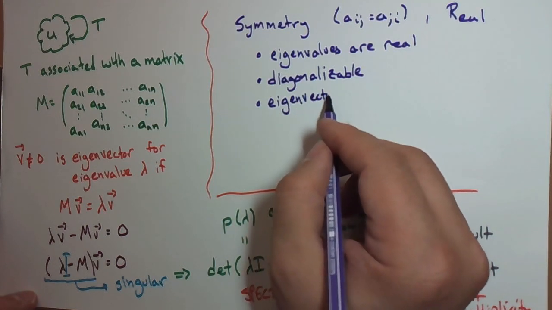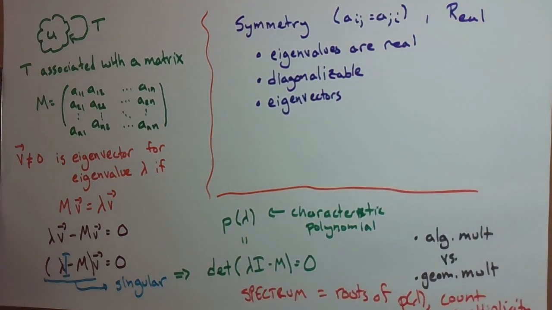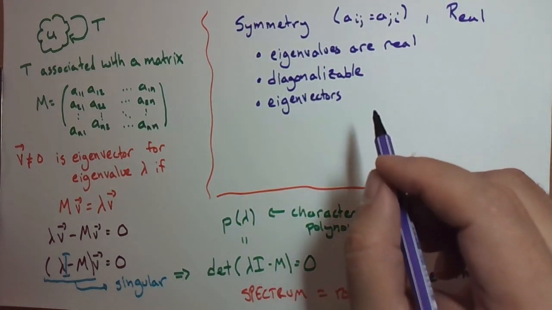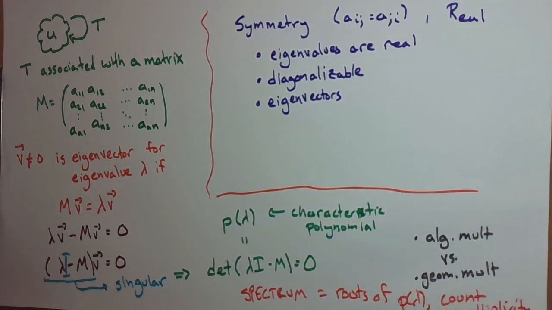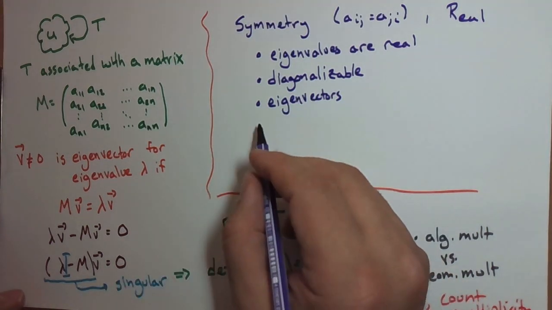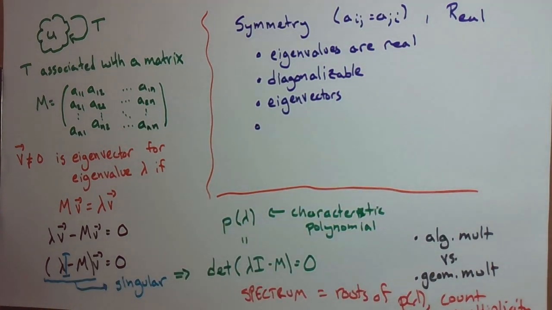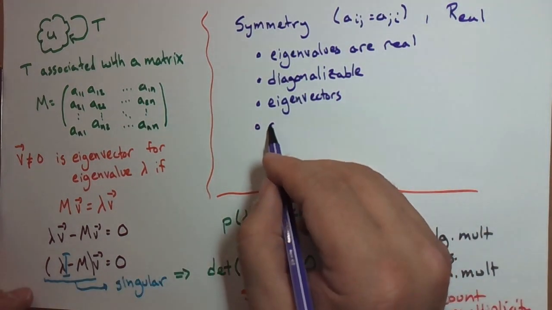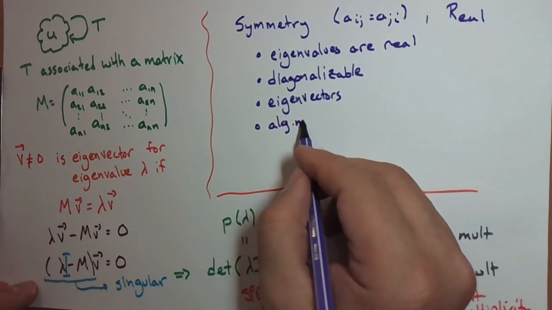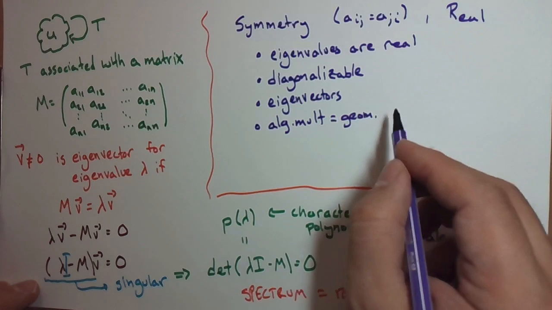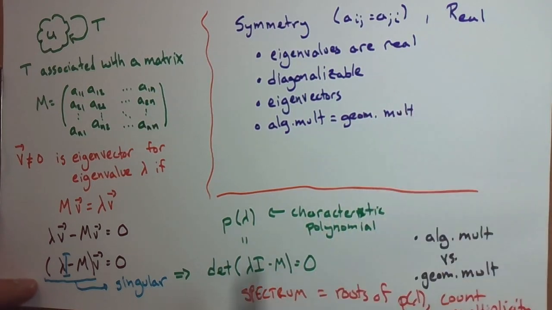They form a basis. Well, what does it mean when they form a basis? There's a linearly independent collection that spans the field. Okay, all right. Well, in other words, we're not missing anything, is perhaps what we can say. Okay. And that is algebraic multiplicity is equal to geometric multiplicity. In other words, there's no shortage.